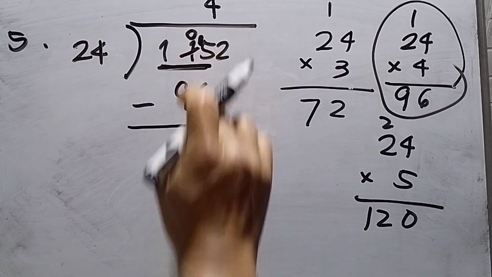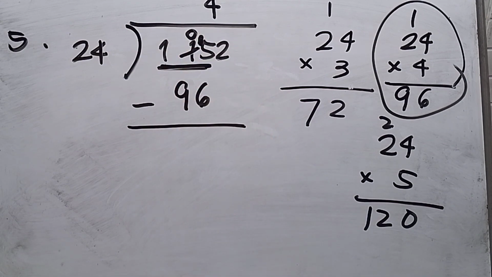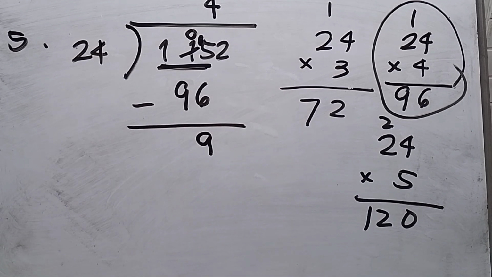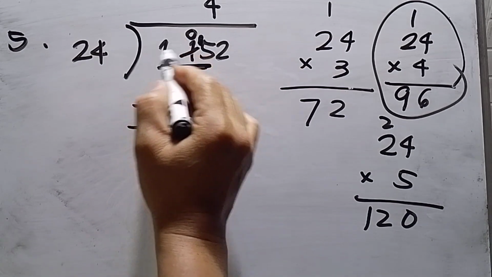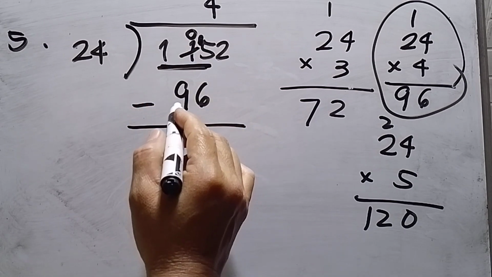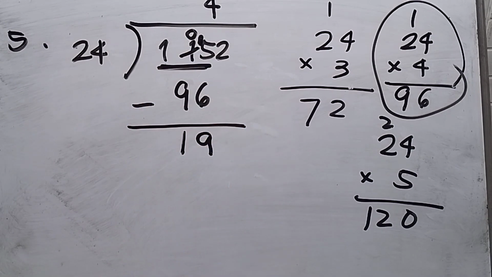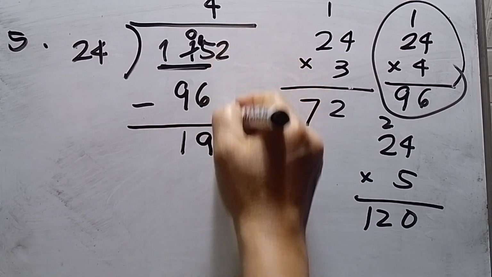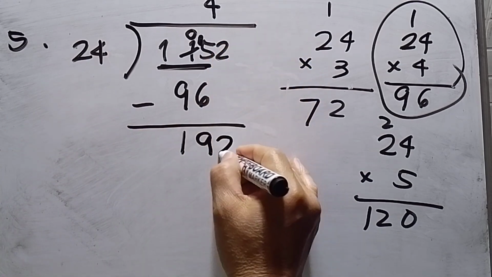So, 15 minus 6. That is 9. And then the new number is 10. 10 minus 9 is 1. Since 19 cannot be divided by 24, I need to bring down the last digit, which is 2.